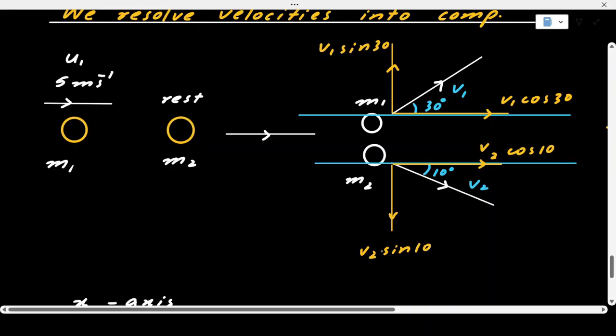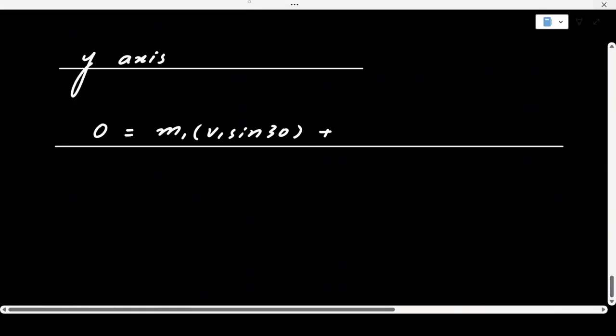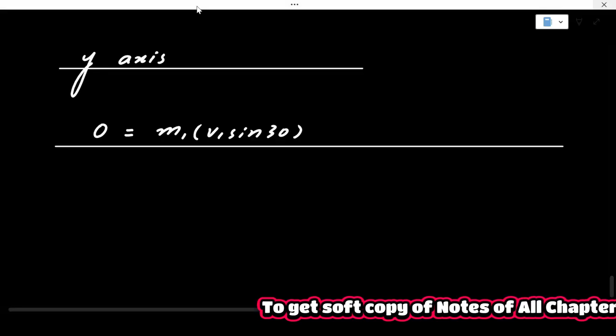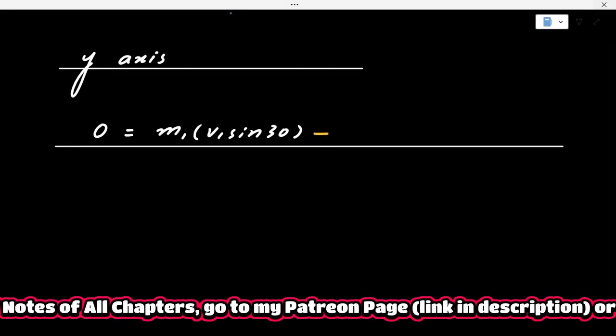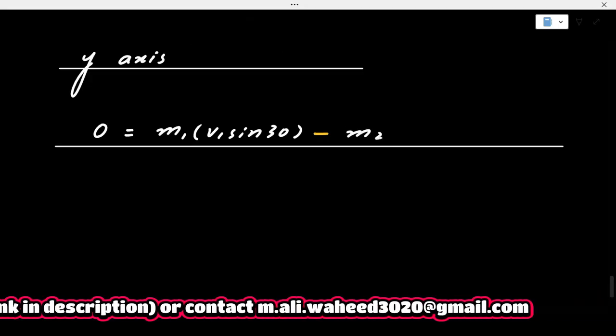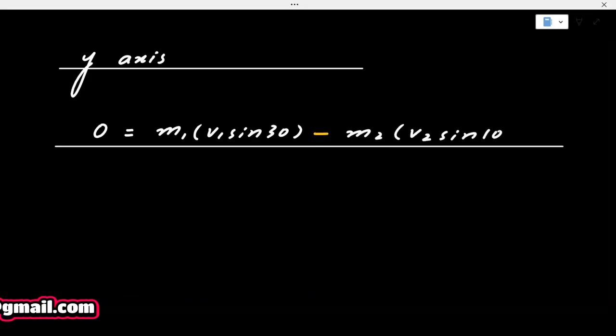It should be m2 v2 sin 10 with the negative sign. So you can get rid of this positive and write a negative sign here, since the momentum is downward: m2 v2 sin 10.